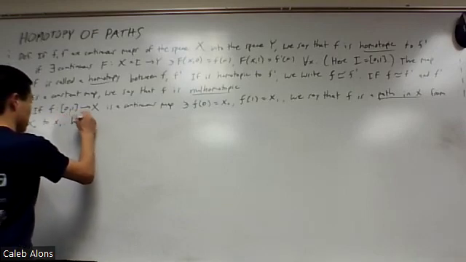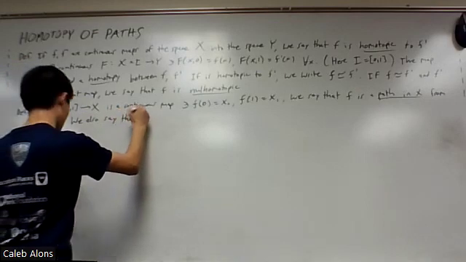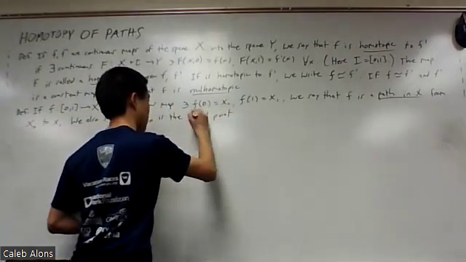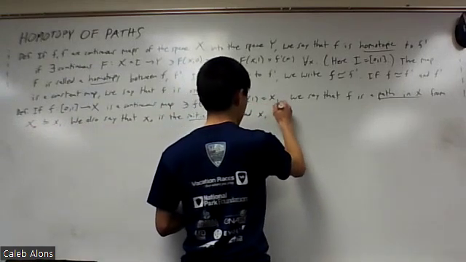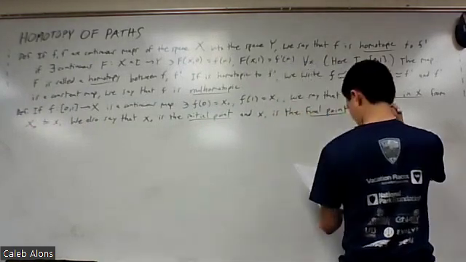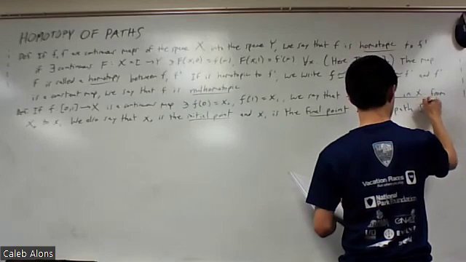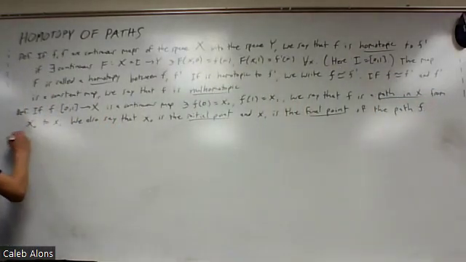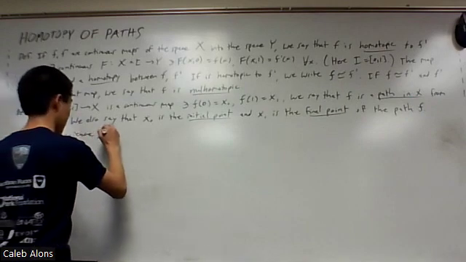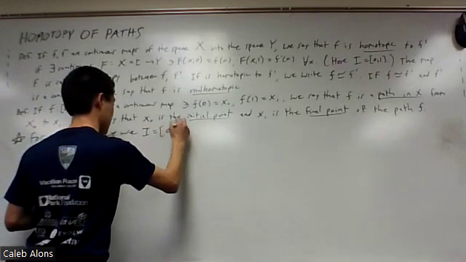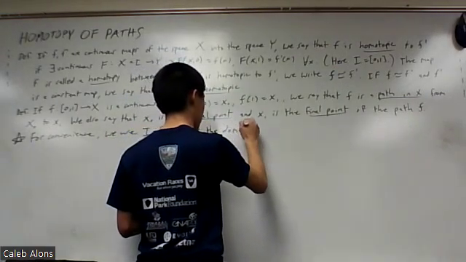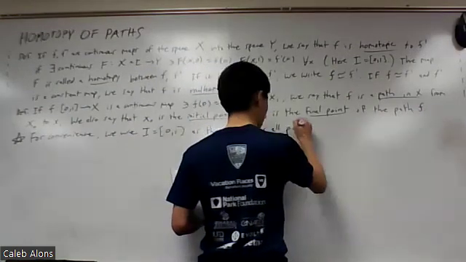We also say that x naught is the initial point and x1 is the final point of the path F. And for convenience, we use I equals [0,1] as the domain for all paths.